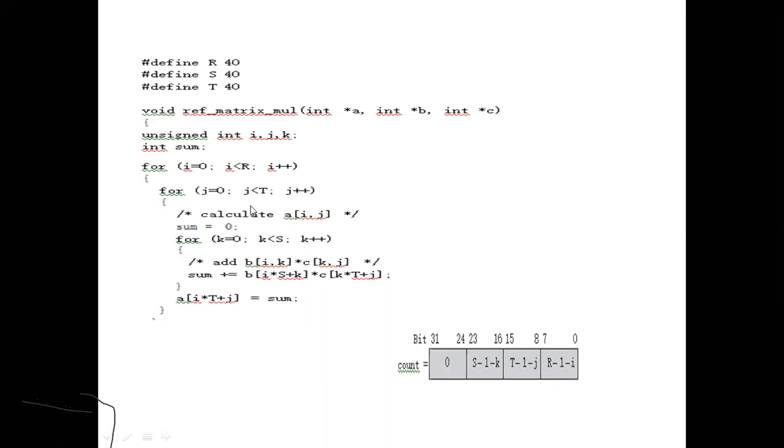Right here we have a classic example of multiplying two matrices and storing the result into a resultant matrix, right? R is 40, S is 40 and T is 40 as well.